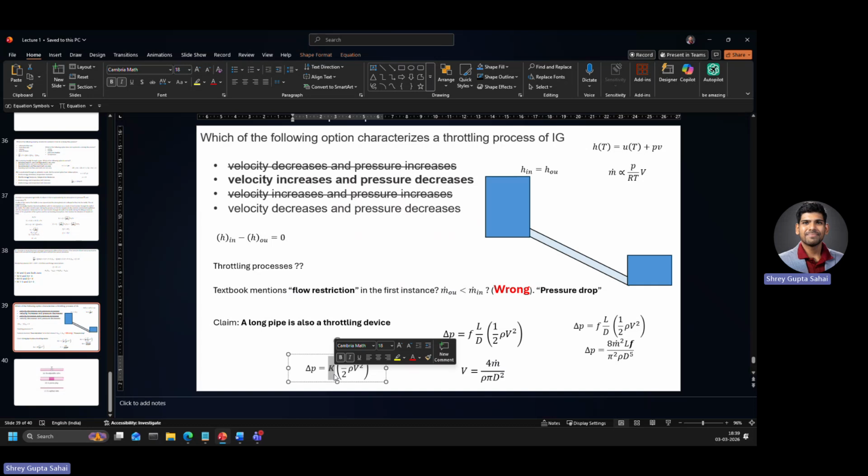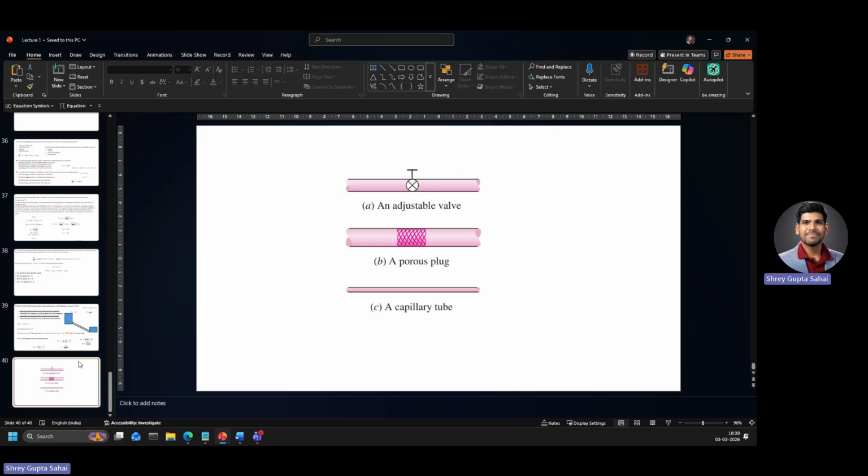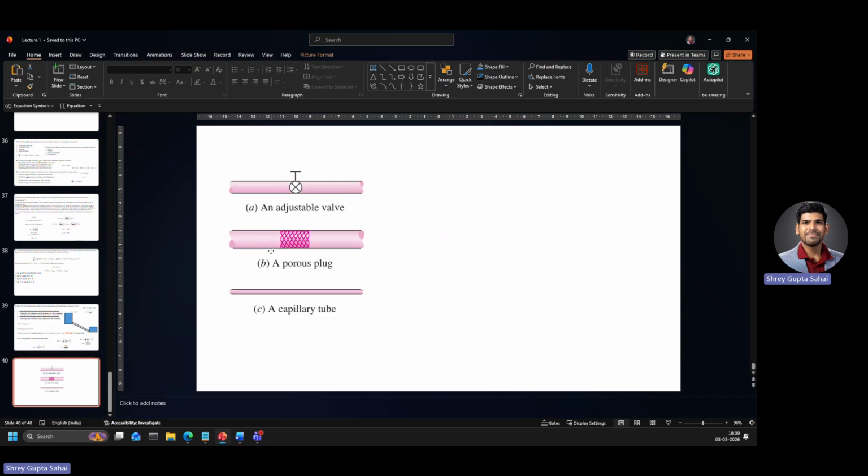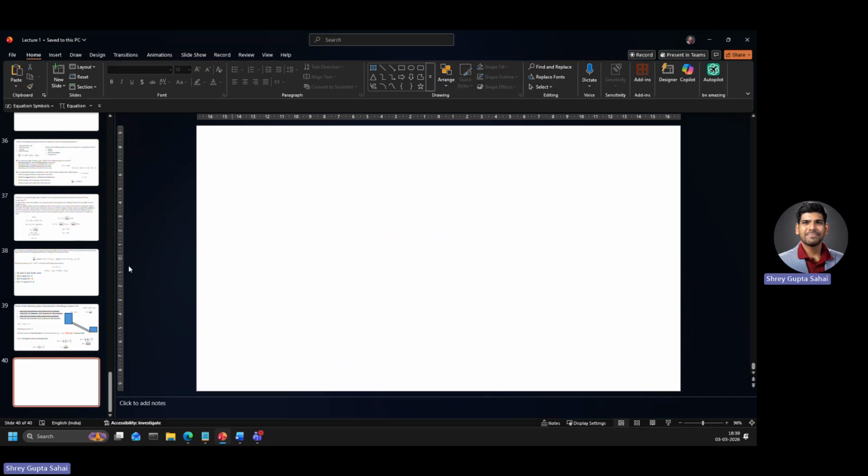You're increasing the viscous effects, which for a given pressure drop will decrease your flow rate. That is why they are called throttling or flow restricting devices. Just note that part. I think this has been covered loosely in your video lectures, but I thought this is the missing part from what is generally discussed.